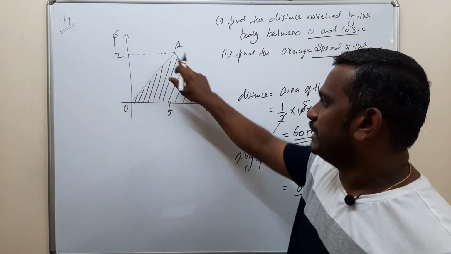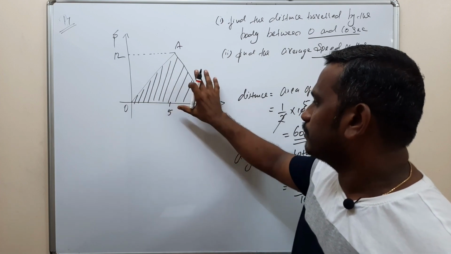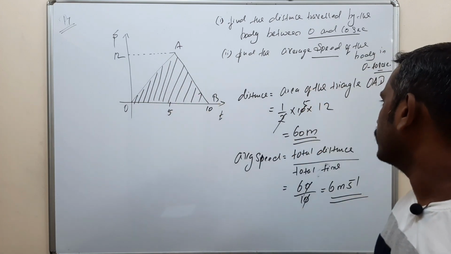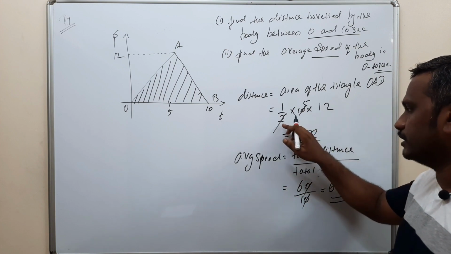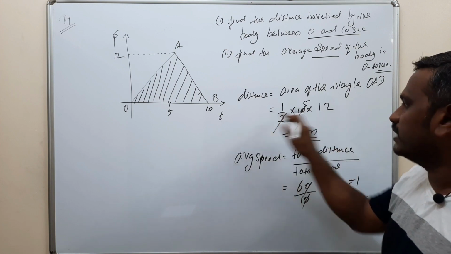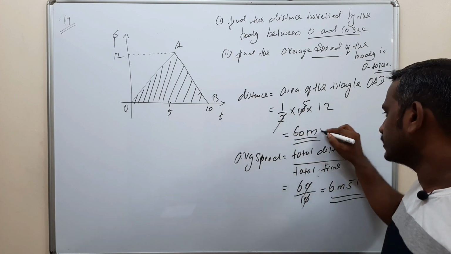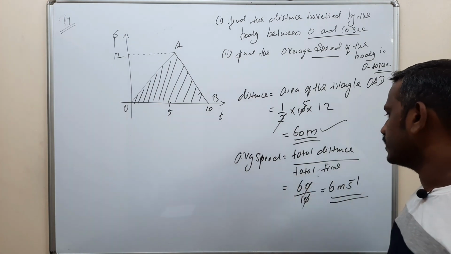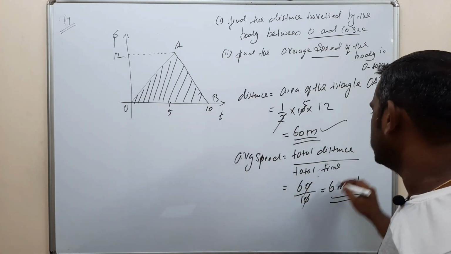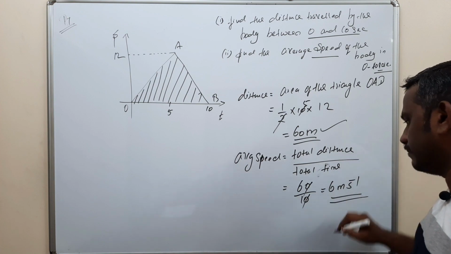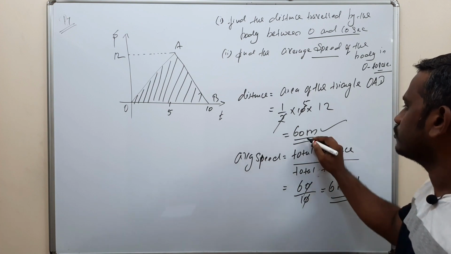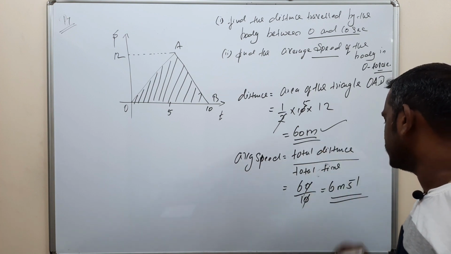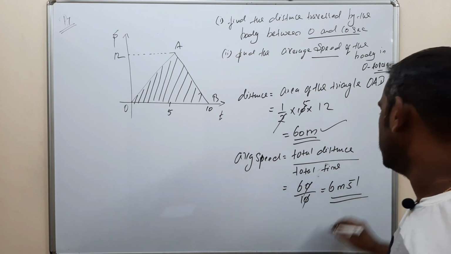This is the speed time graph, so the area under it is nothing but the area of the triangle OAB. That's equal to half into 10 into 12, that is equal to 60 meter. So average speed is, we know the formula, total distance covered by the body divided by total time. So that is 60 meter divided by total time, that is 10. So that's equal to 6 meter per second.